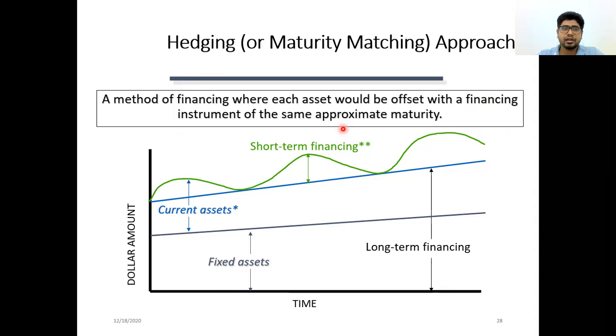For that, we have to have a clear understanding on this graph, right? We have to have a clear understanding of what is fixed assets, what is current assets, what is permanent current assets, what is temporary current assets, and what is long-term financing and what is short-term financing.